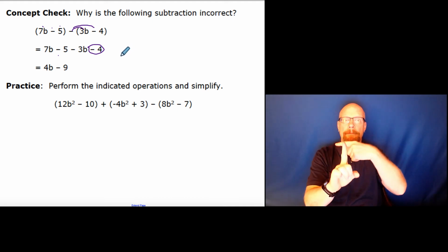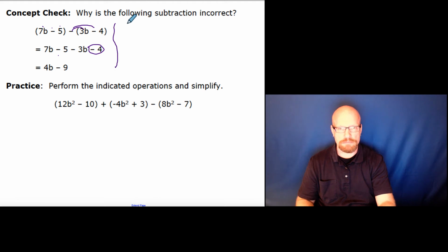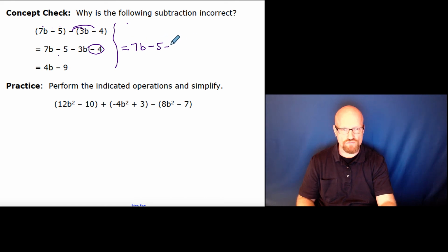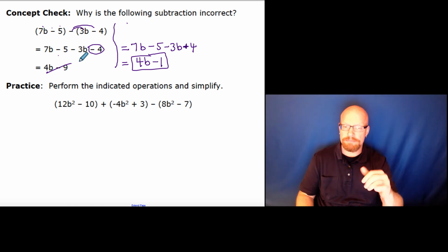It should be plus 4. Now we combine like terms. And that's the correct answer.